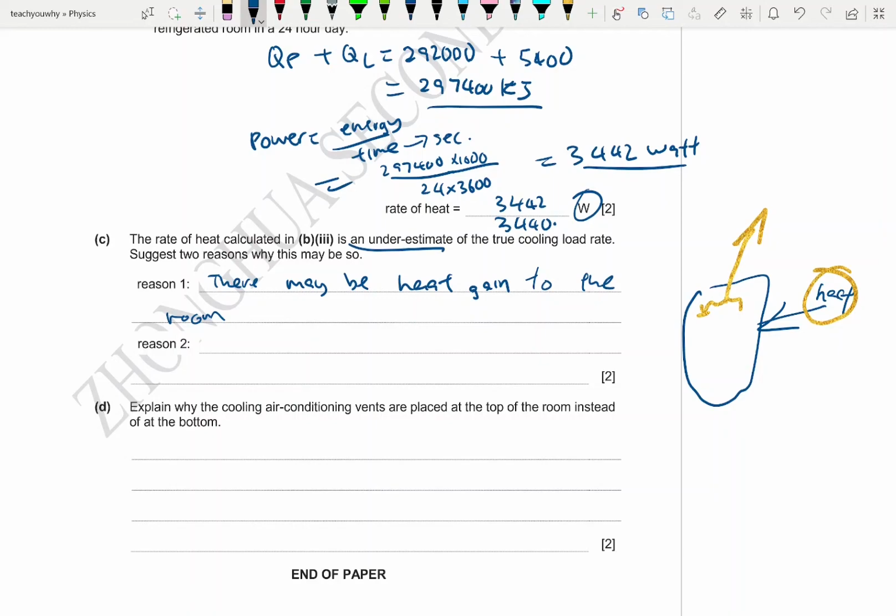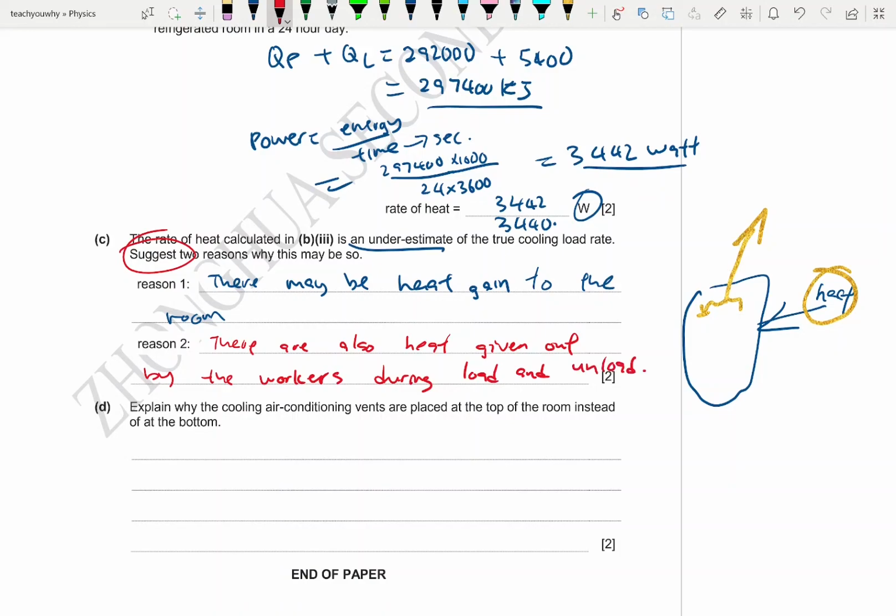Next thing, we also need to say, since they say suggest, we can say anything, that there is also heat given out by the workers during loading and unloading.